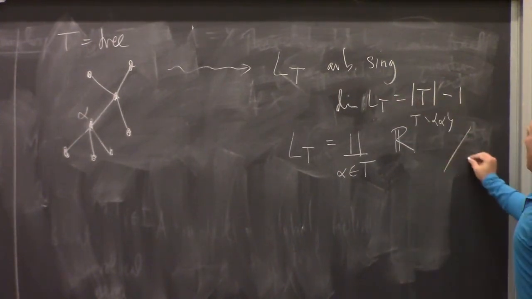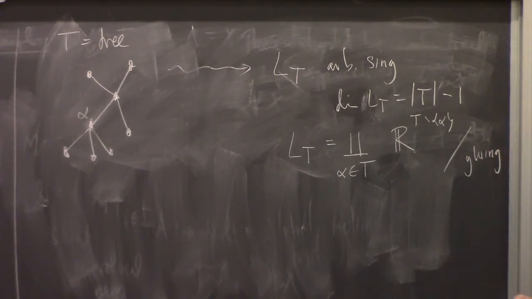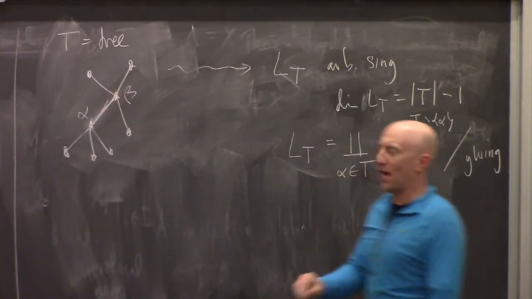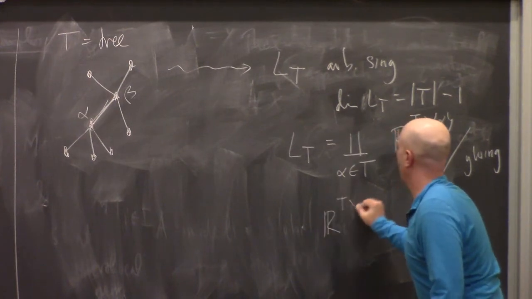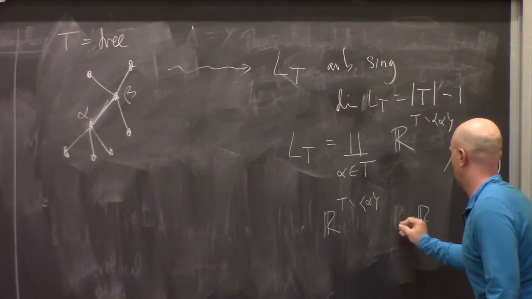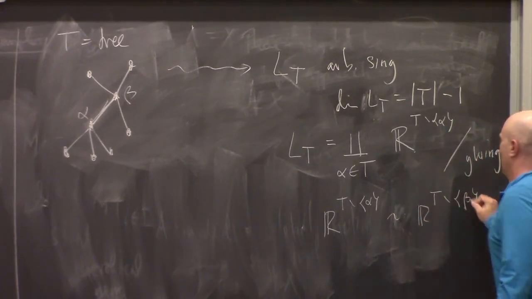Okay, and now I'm going to divide out by some gluing. So let me tell you what the gluing is. Anytime I see an edge, like this edge, alpha and beta, I'm going to glue R^T minus alpha to R^T minus beta in the following way.